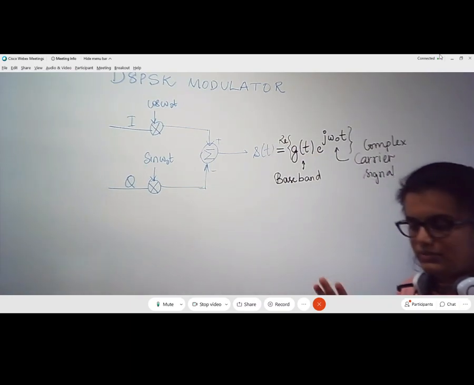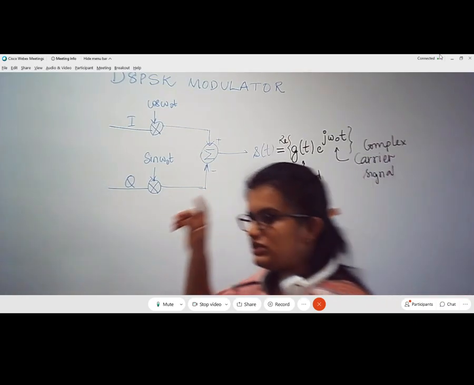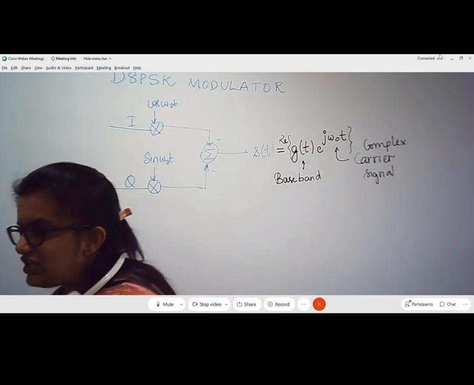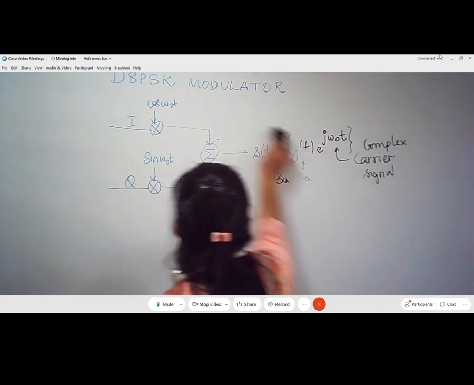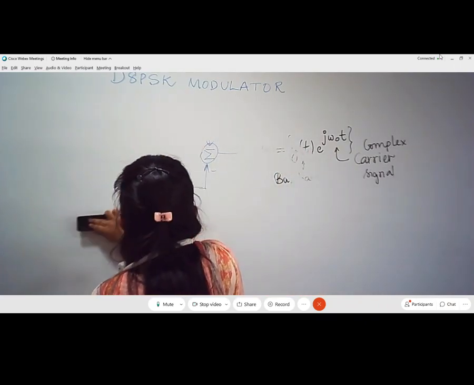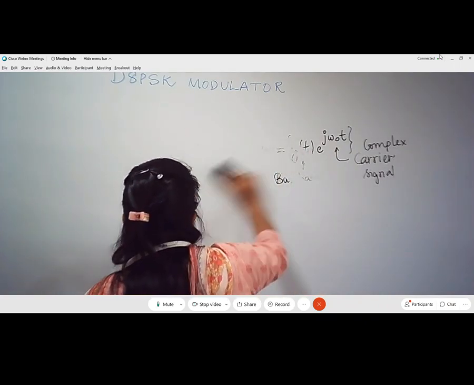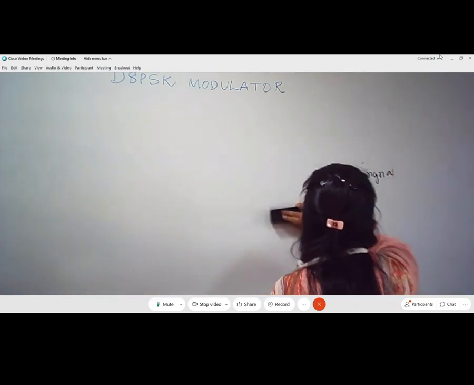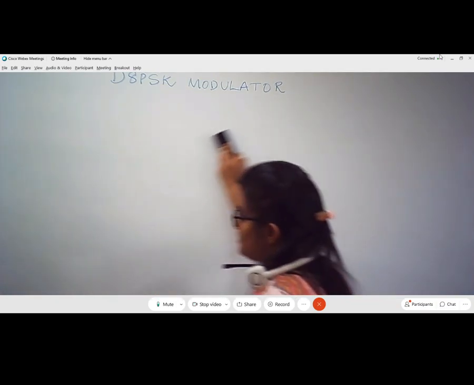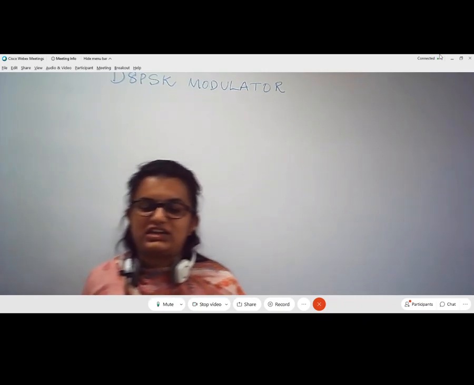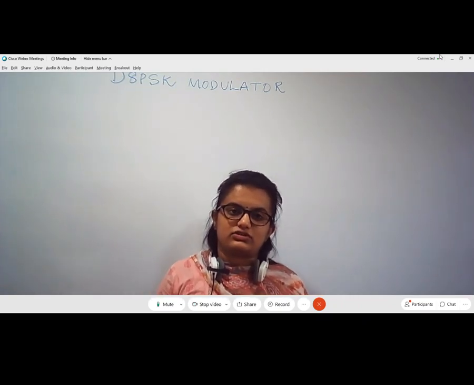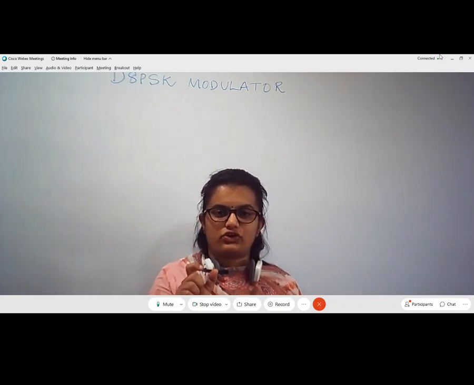So using the same analogy, now we are going to look at differential 8 PSK. In an M-ary system we call it 8 PSK, where I am going to have 8 individual symbols which are used to represent a set of bits.